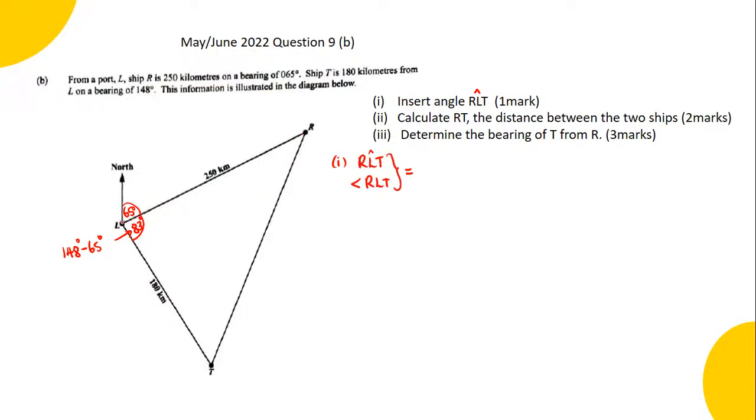So it's RLT. The angle is formed at L, and we already calculated it to be 83 degrees. How we got that again? The total angle, they said, was 148 degrees. We subtracted the 65 to get 83. So 148 degrees take away 65 degrees is equal to 83 degrees.